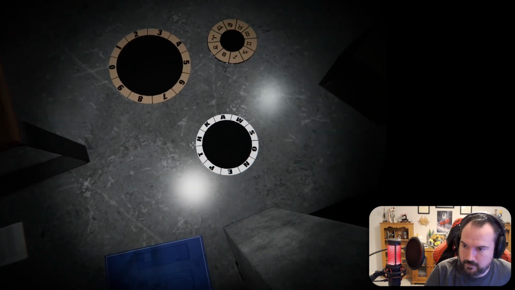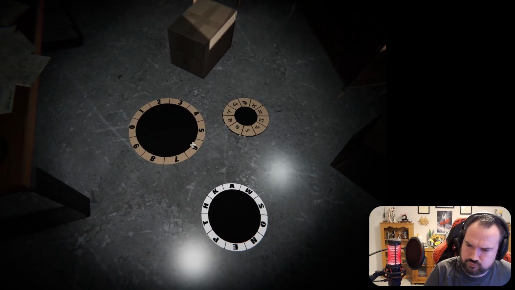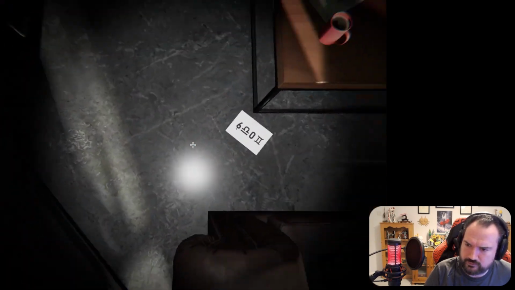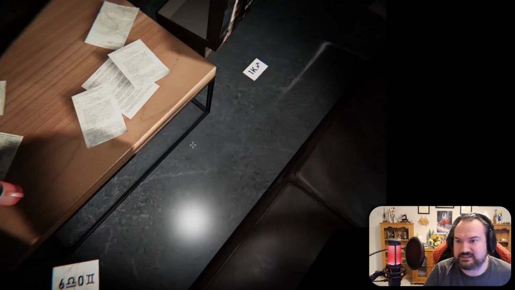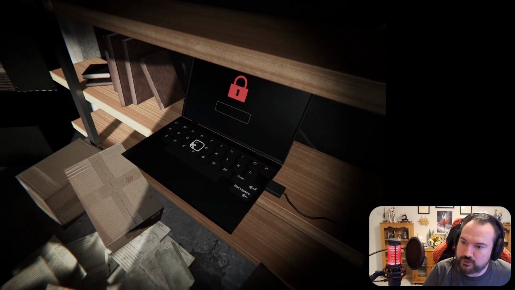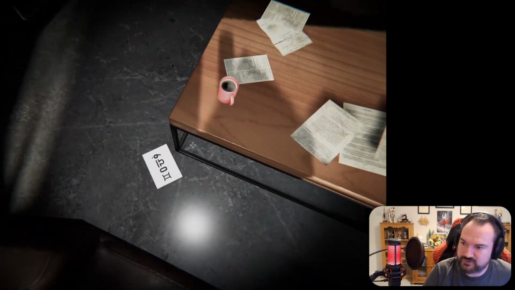Right. So I assume we're making a 4-letter word, right? Is this only after... Yeah, there's no numbers on here. It has to be letters. It has to be letters, right?